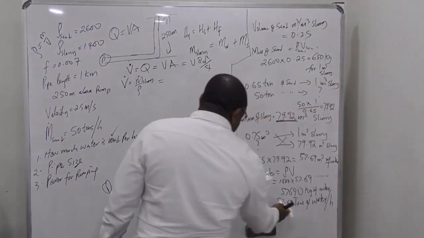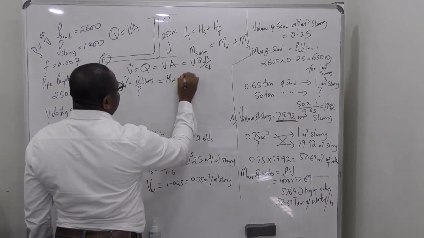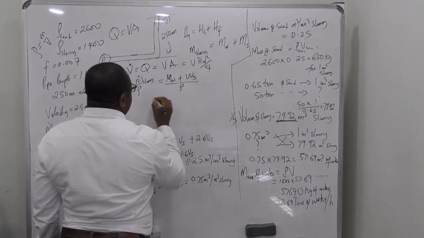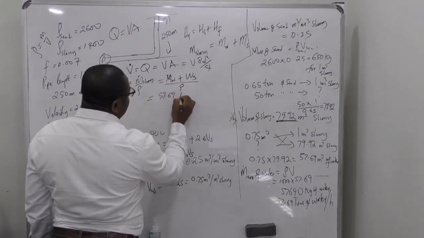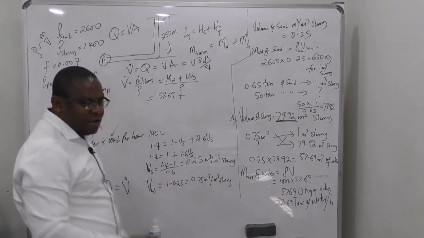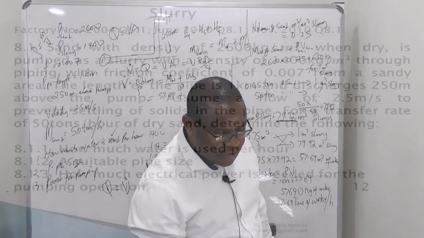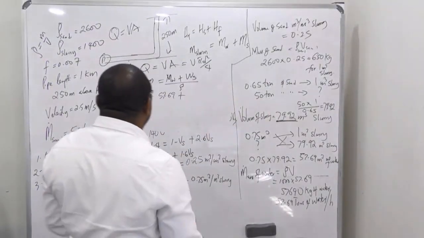We got mass of water as 57.69, and mass of solid is given, which is what needs to be pumped. See what has to be pumped. 50 tons. So 50.